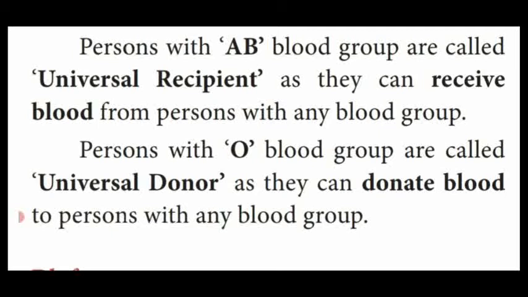That's why AB blood group is known as universal recipient. Recipient means receiving any kind of blood, whether it may be A group or B group or O group. An AB person can receive the blood. So AB blood group persons are known as universal recipients.